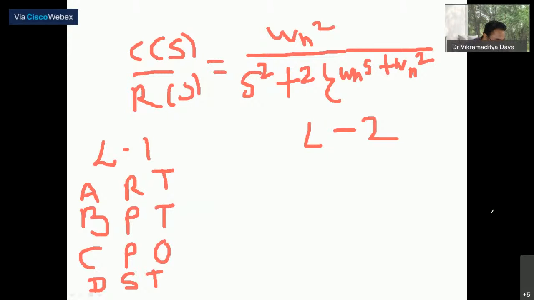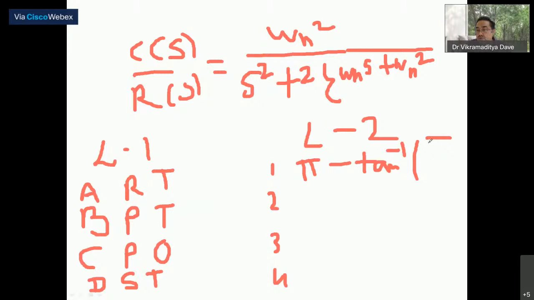In list 2, we have the formulas, given as 1, 2, 3 and 4. The first formula is given as (pi minus tan inverse of (under root 1 minus eta square upon eta)) upon omega d.